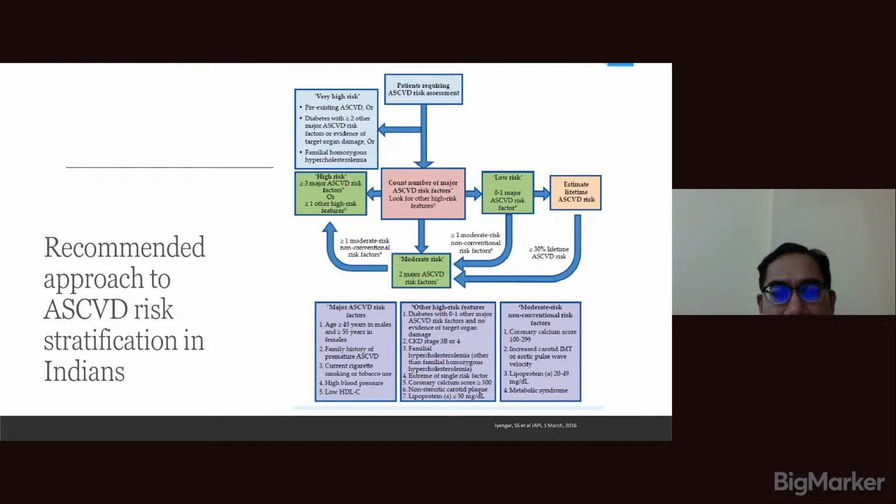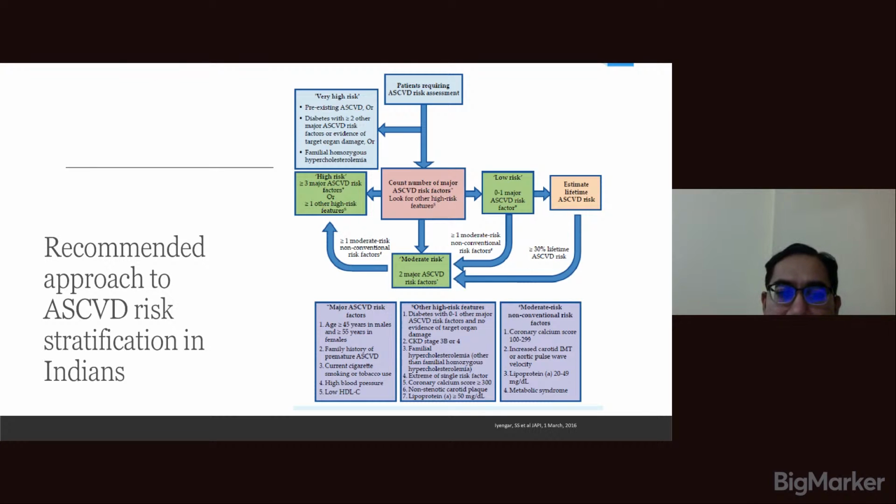What are other high risk features? These are diabetes with 0 or 1 other major risk factors, CKD stage 3B or 4, history of familial hypercholesterolemia, extreme of a single risk factor, coronary calcium score of more than 300, increased carotid intima media thickness, or a lipoprotein A level of more than 50 milligram per deciliter.